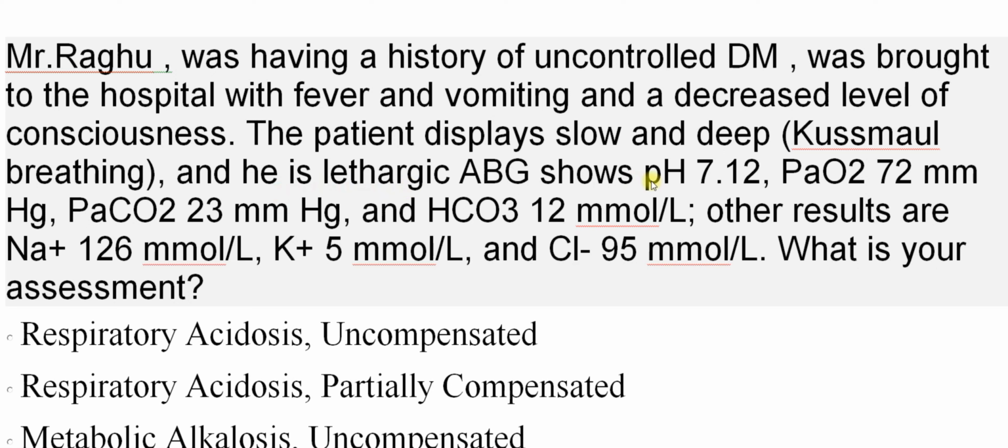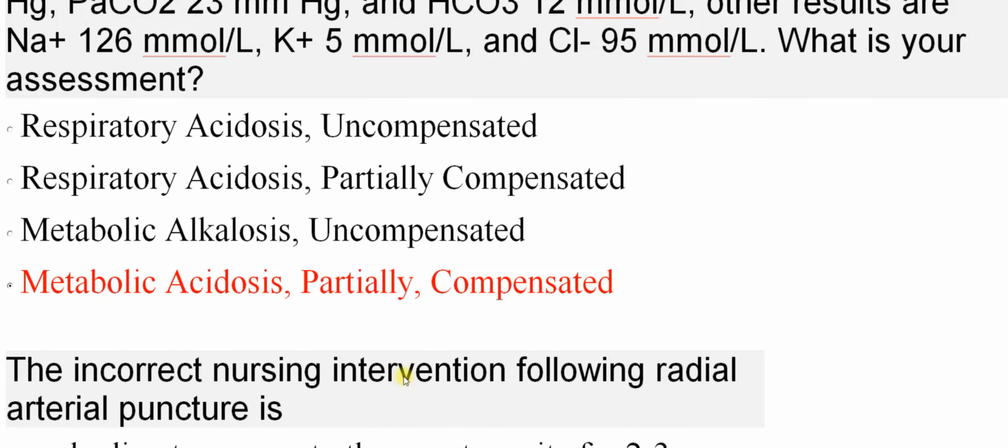ABG shows pH 7.12, PaO2 72 mmHg, PaCO2 23 mmHg and HCO3 12 mmol per L. Other results are sodium 126 mmol per L, potassium 5 mmol per L and chloride 95 mmol per L. What is your assessment? Answer is metabolic acidosis partially compensated.